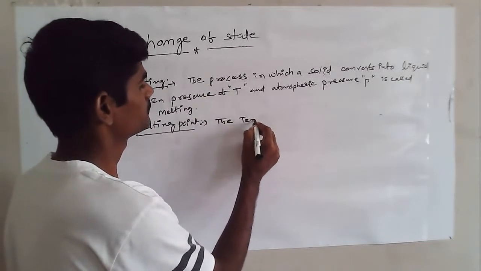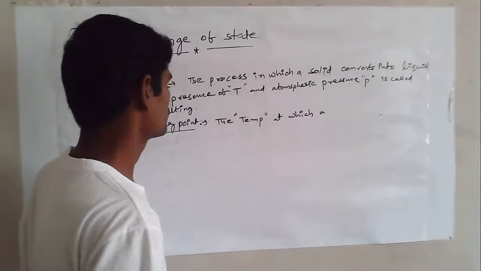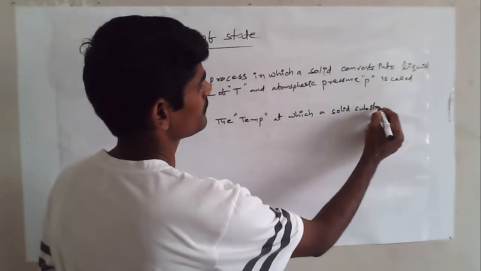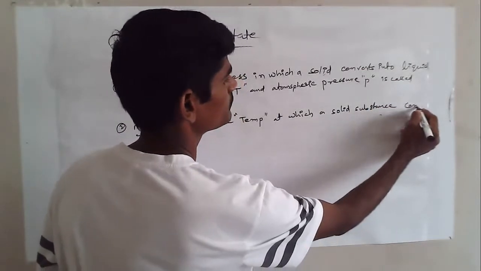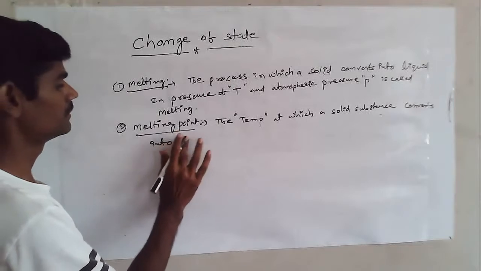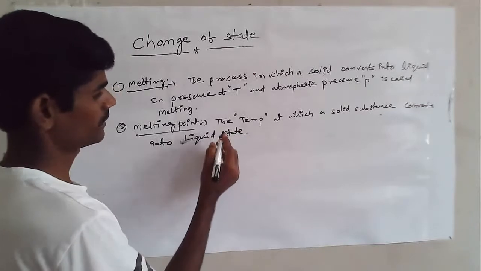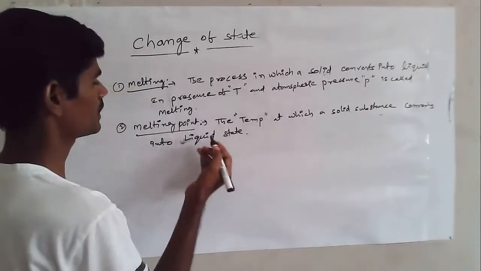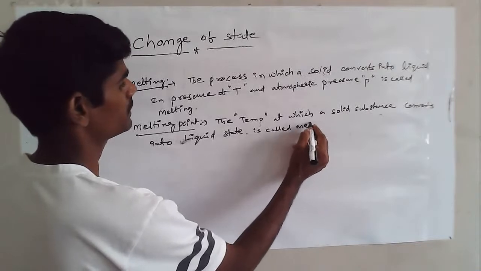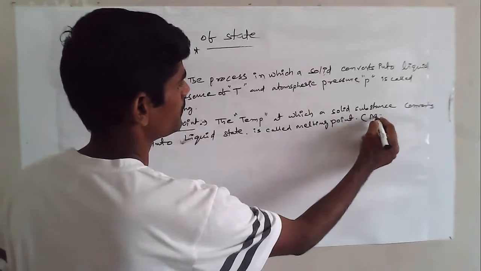The temperature at which a solid substance converts into liquid state is called melting point, or MP.